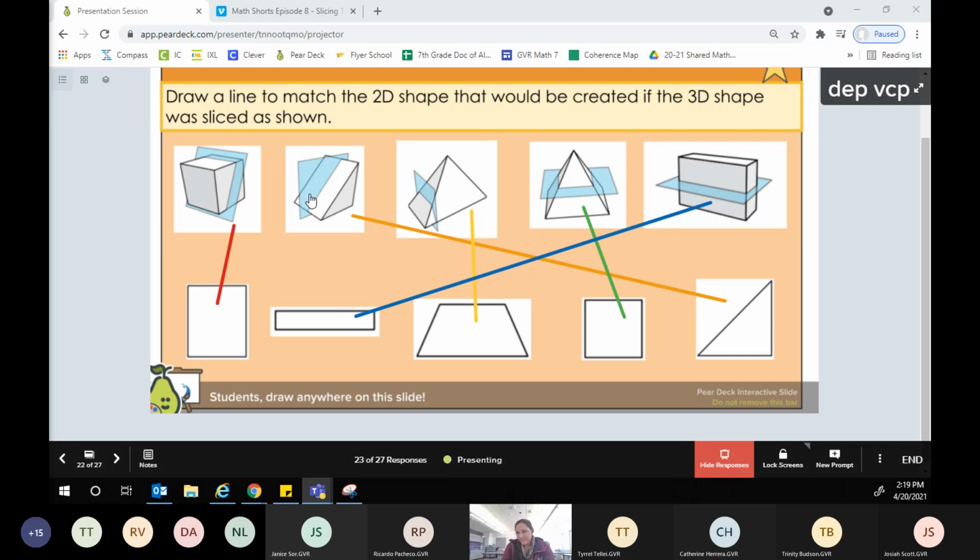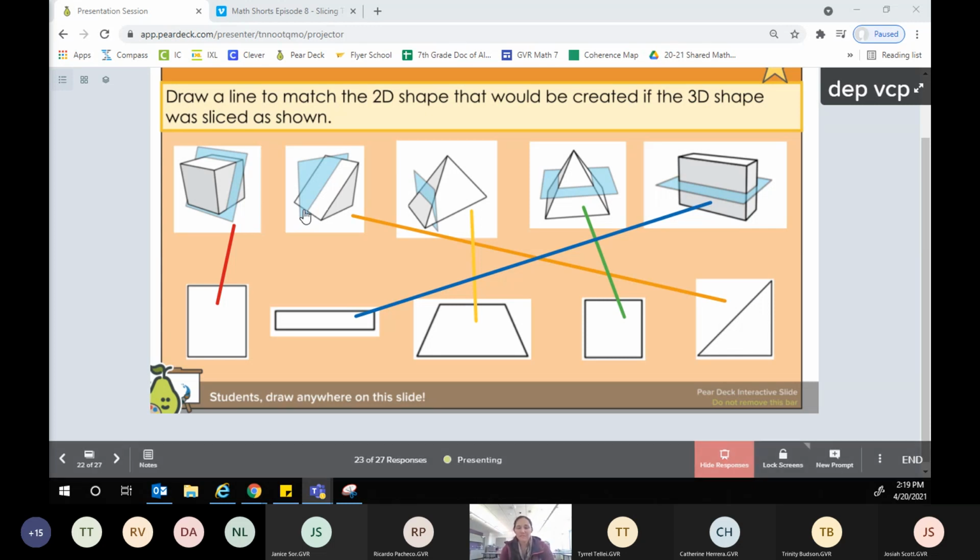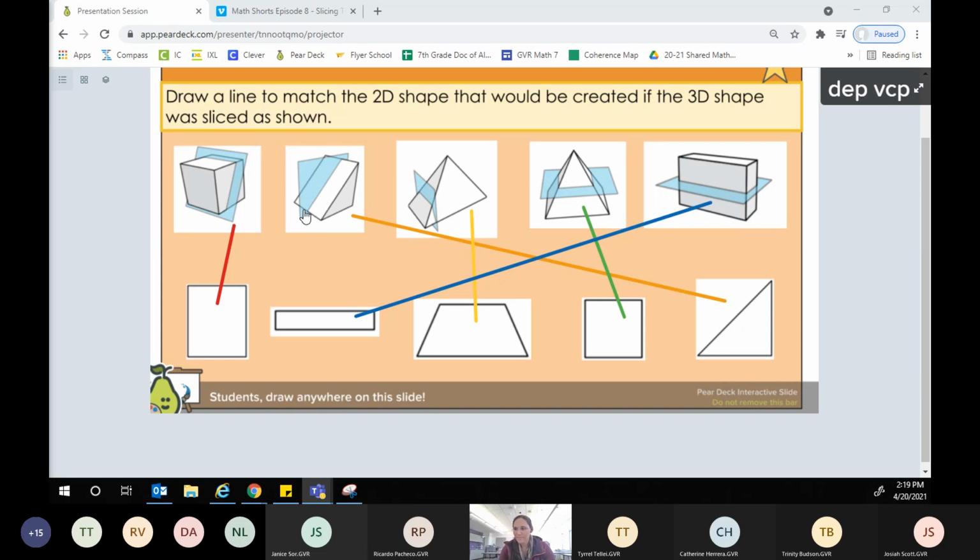So this one, we're starting with a triangular prism. We make this cut, and we get a triangle. Why does that happen? Let's get another voice. I actually want us to think back. I think Delia said earlier she had to go because she had to restart her computer.